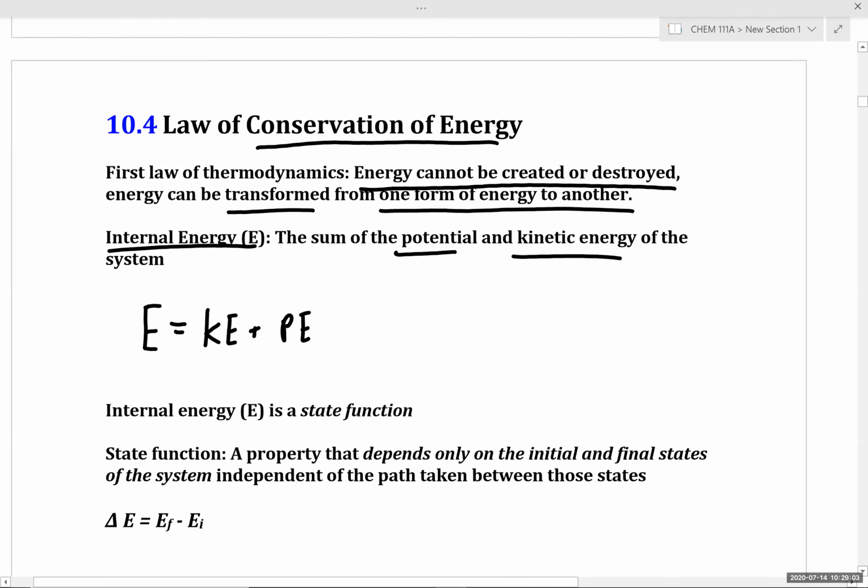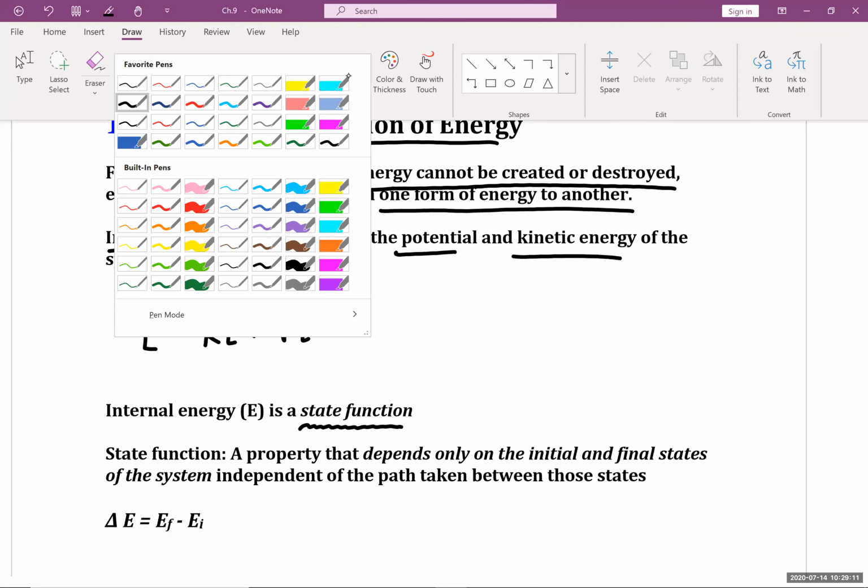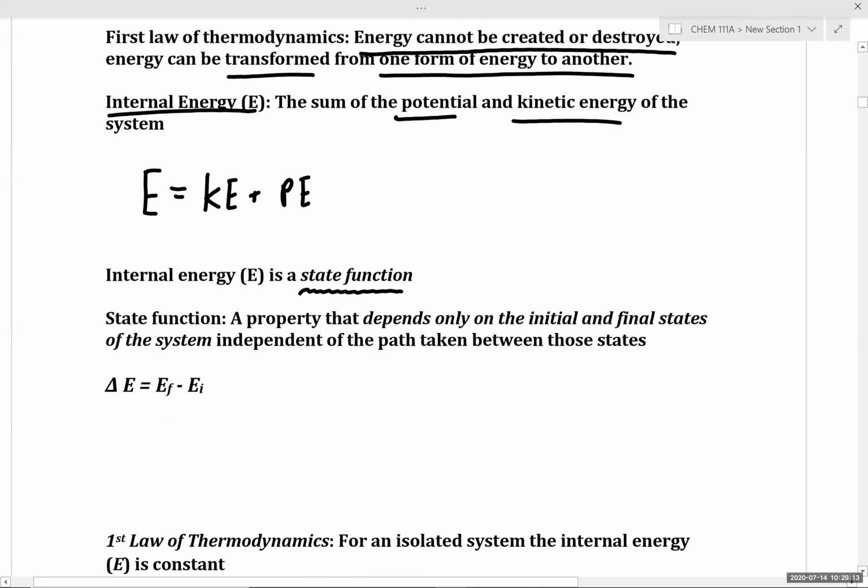Now, internal energy is known as a state function, and you're going to really like whenever it's said that something is a state function, because it allows you a lot of tools to solve problems very creatively. So what is a state function? Well, as the name implies, it's a property that depends only on the initial and final states of the system.